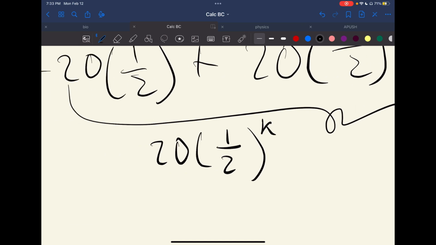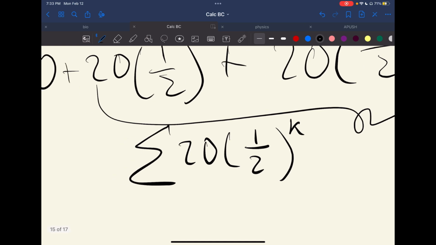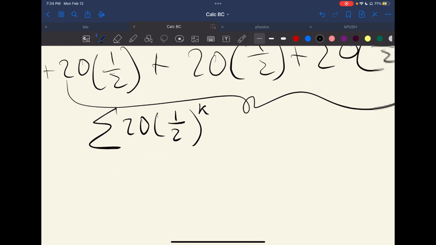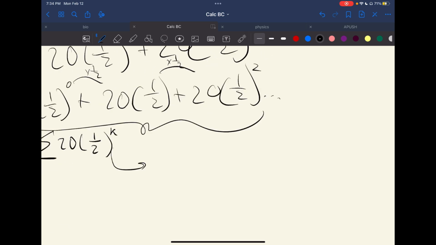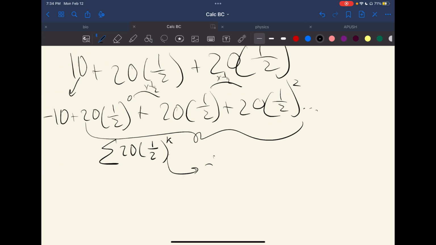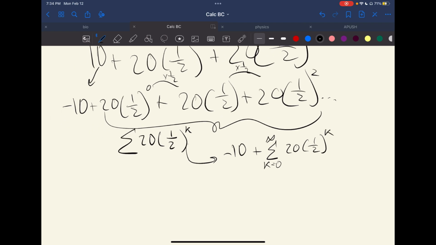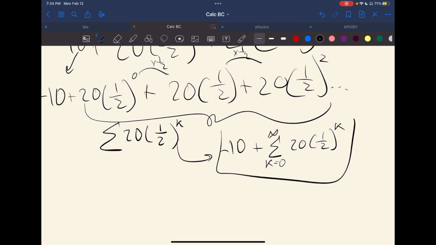It's a geometric series. Okay, so we have to include the -10, so we have -10 plus the series from k equals 0 to infinity of 20 times 1/2 to the k. So that's how you write it.